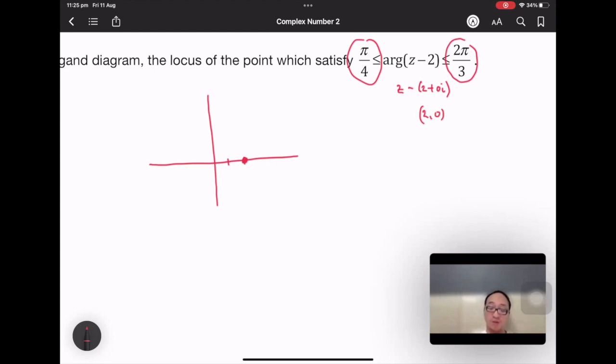So what is pi over 4? Pi over 4 is this. So this is pi over 4 from the real axis. And then for the 2 pi over 3, it will be like this.